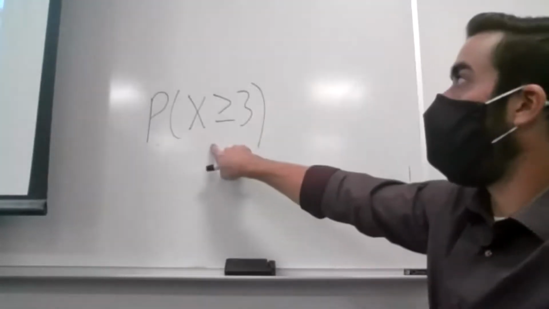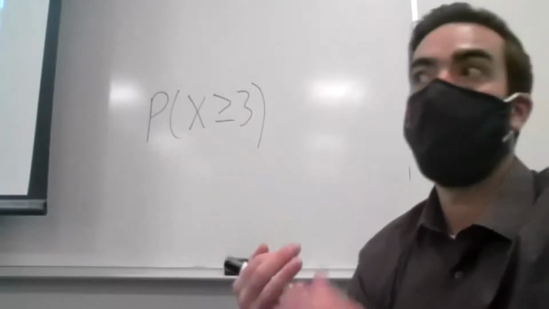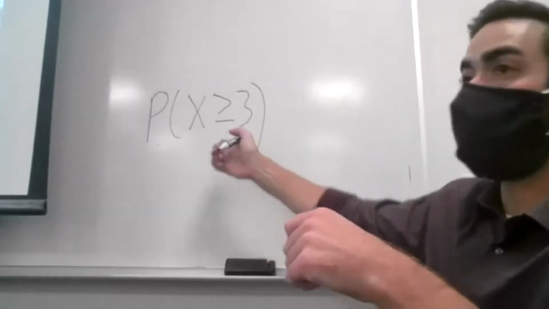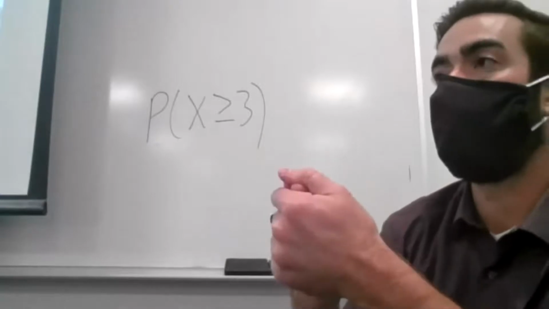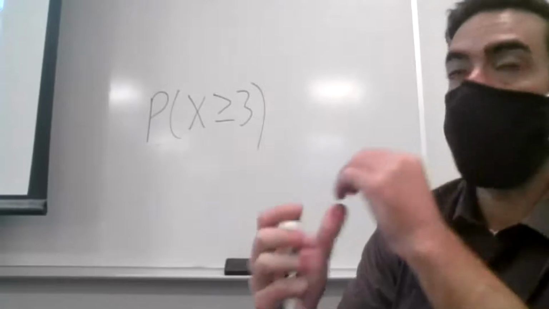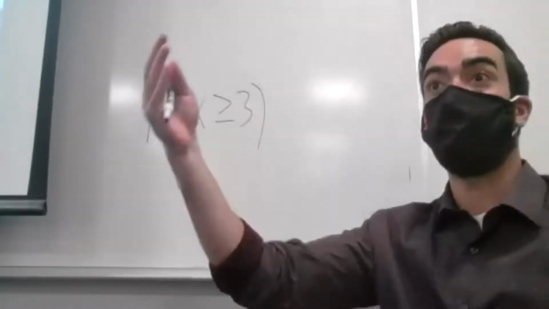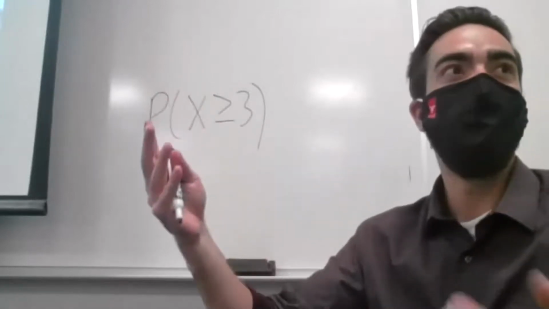So here, if I want the probability that x is greater than or equal to 3, I could see 3 people have a college degree. That fits this criteria. I could see 4 people have a degree. Excuse me, I could see exactly 5 people, but then I have to stop, right? That's my number of trials. I can't have 6 out of 5, right?